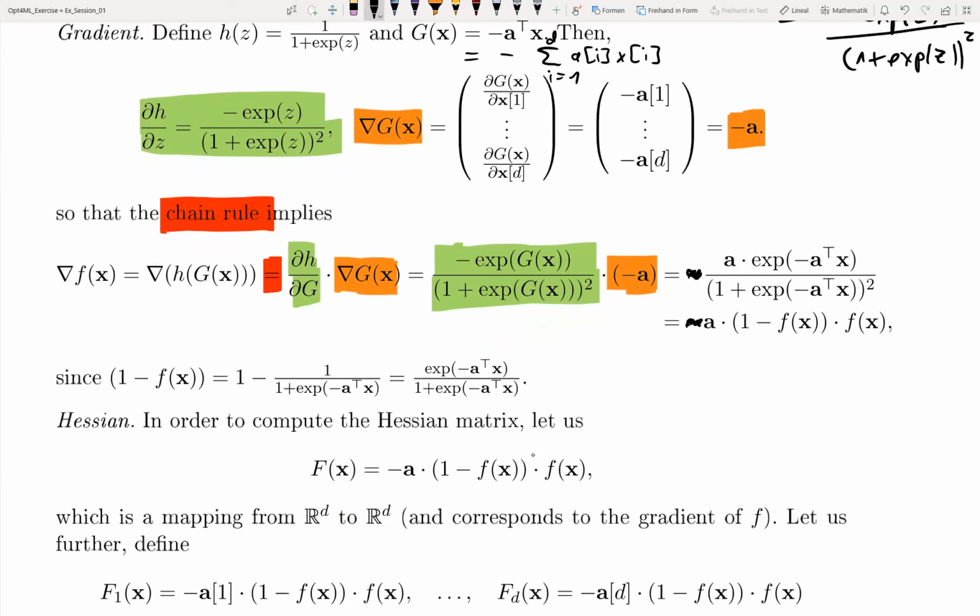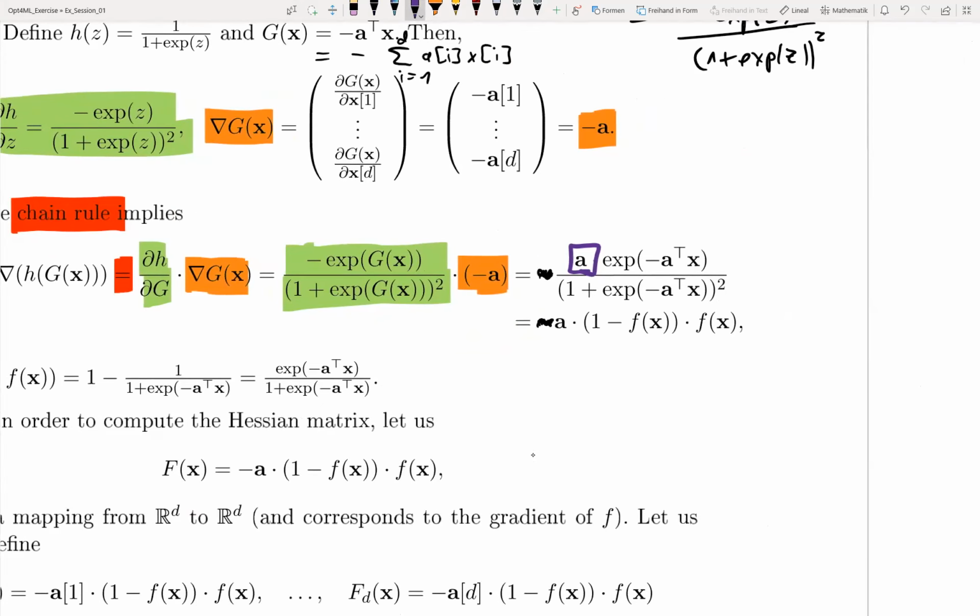All right, exactly. So the minus here was not correct. What we get here is a vector, so just to stay in line with the considerations we had before, a scalar.